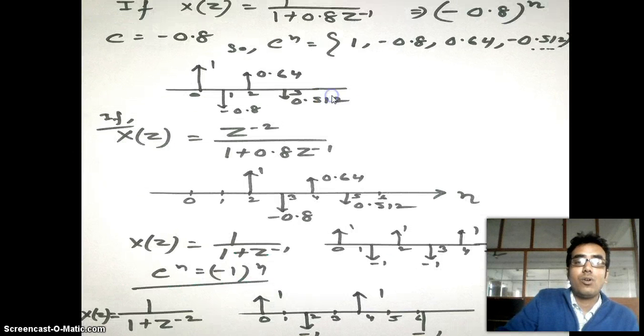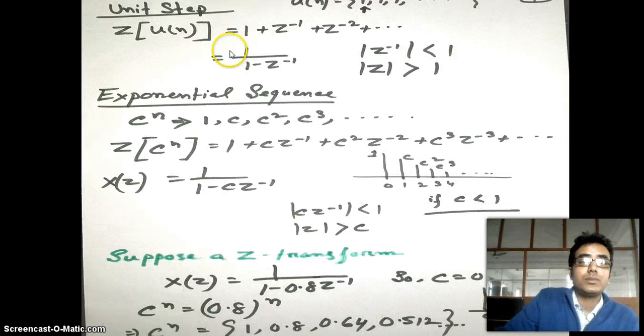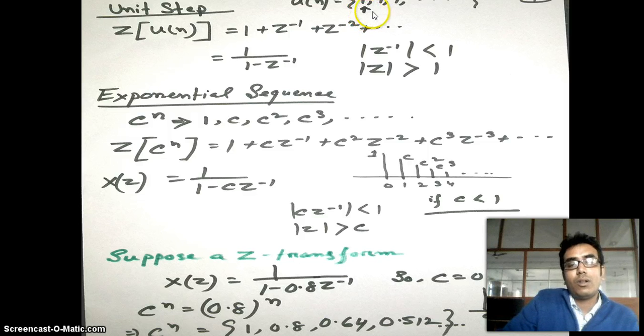Next, we will find the z transform of the unit step signal. The unit step signal u[n] is denoted as all the values are 1 starting from 0. That means the value of n is 0, and for n equal to 0 the value is 1, n equal to 1 the value is 1, and so on.